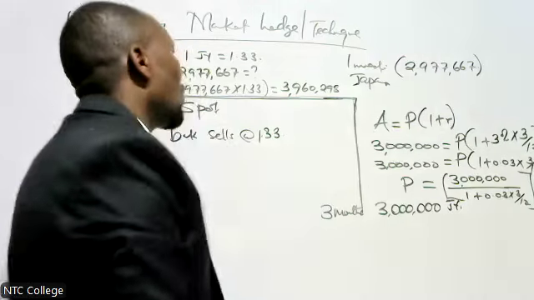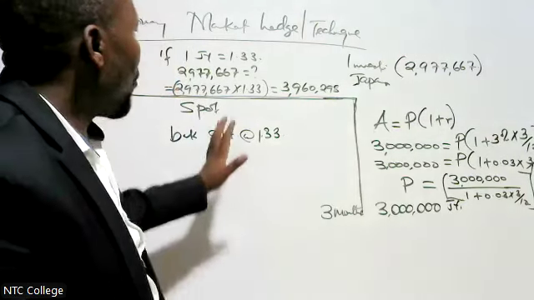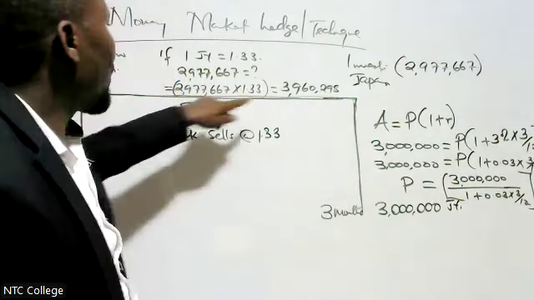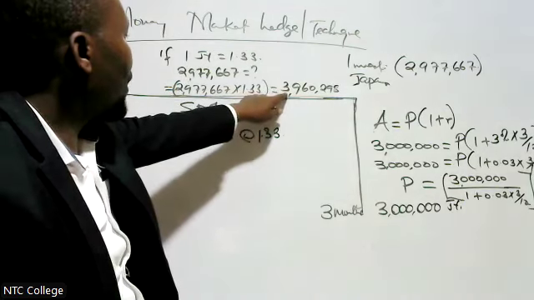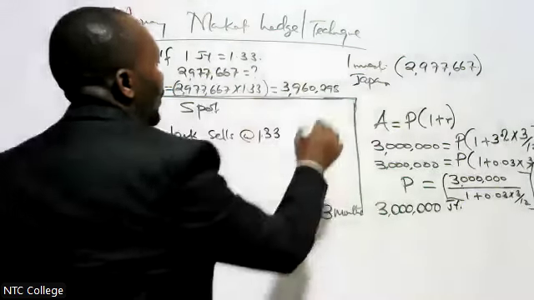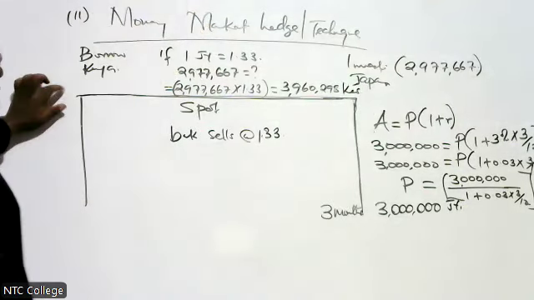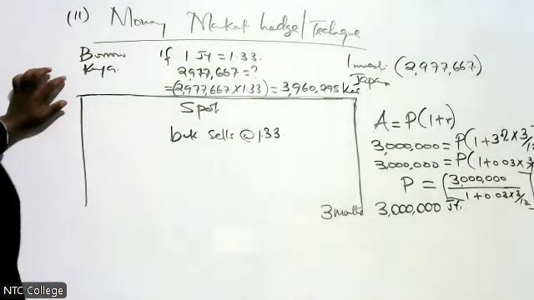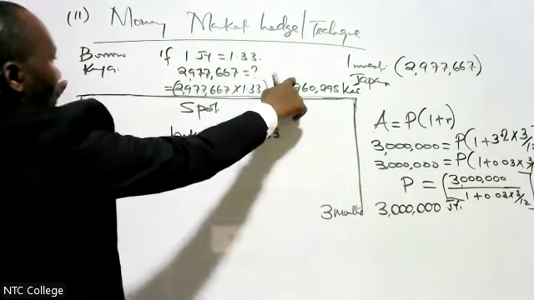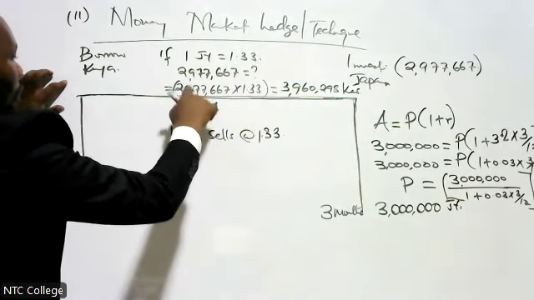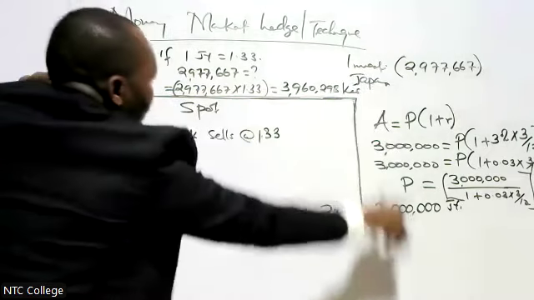Right? So it means that now we need to come and borrow an amount that is equivalent to this one. This is Kenyan shillings. So you come and tell the bank you are borrowing an amount that is equal to this, so that when you exchange, it gives you the amount that you're going to invest.